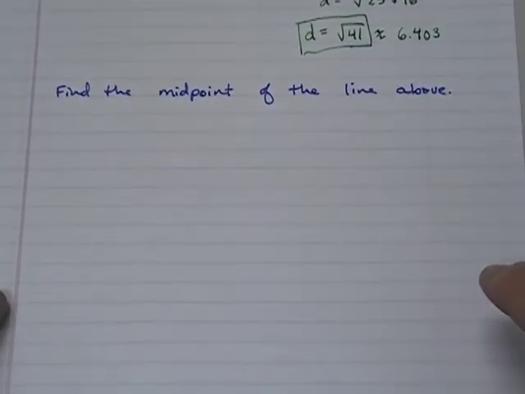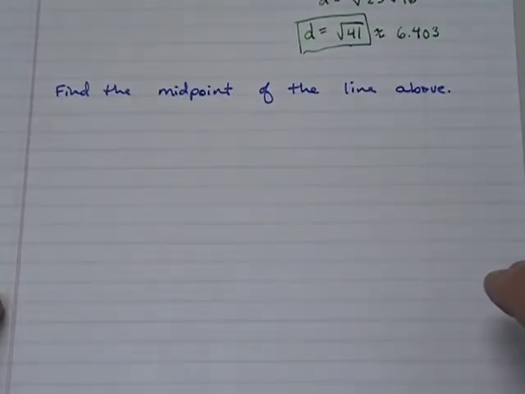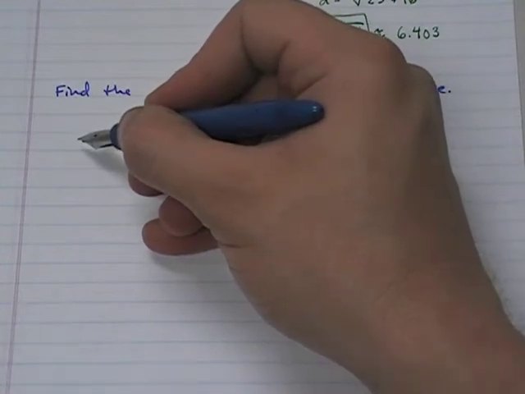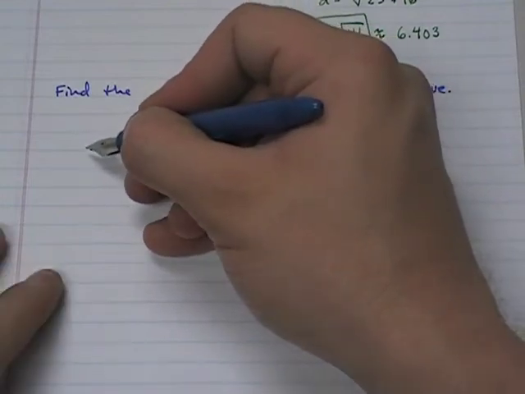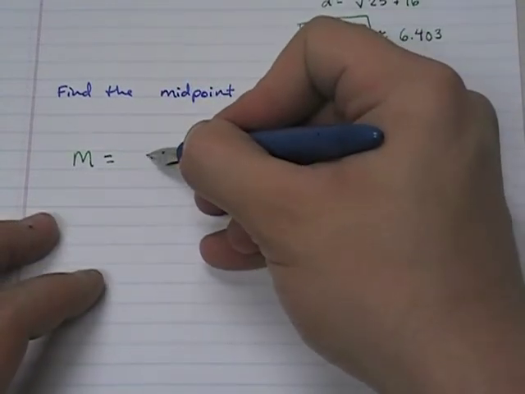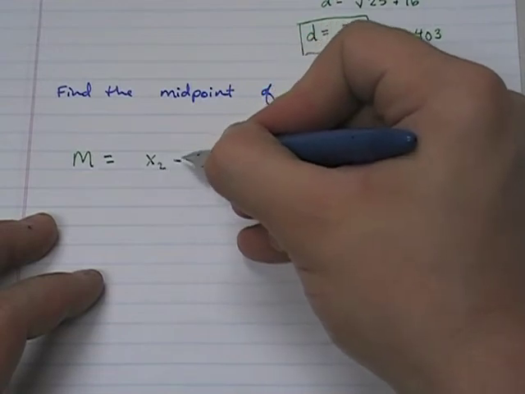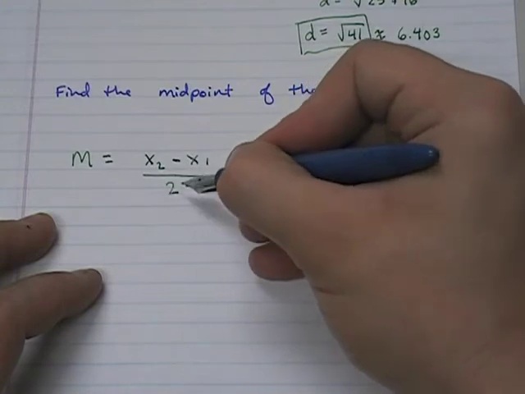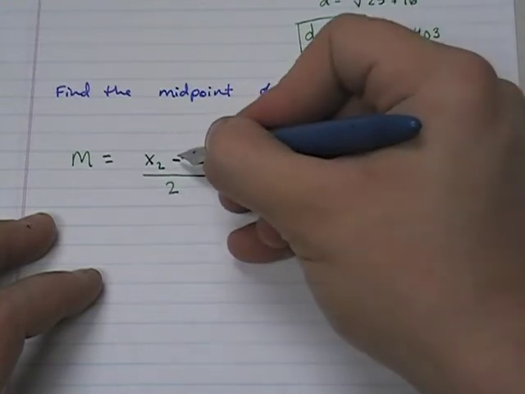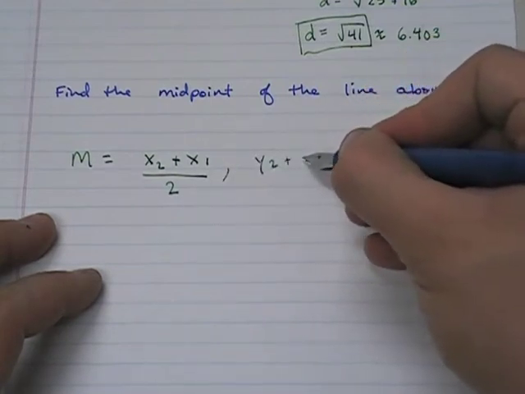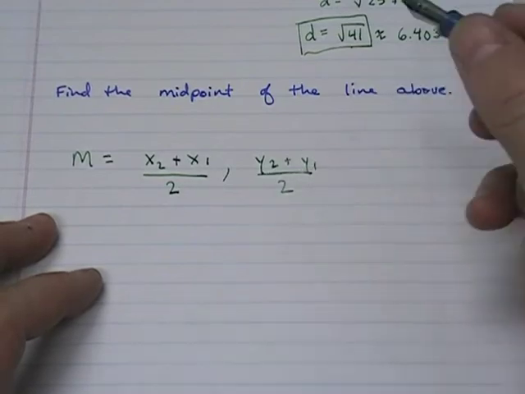Our second question here says find the midpoint of the line above. And the easiest way for me to remember the midpoint is, very simply, (x2 plus x1) divided by 2, comma, (y2 plus y1) over 2.